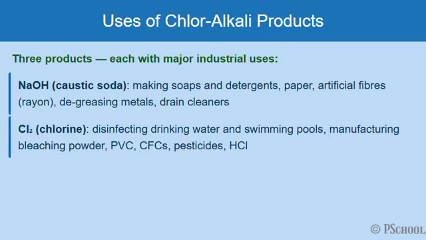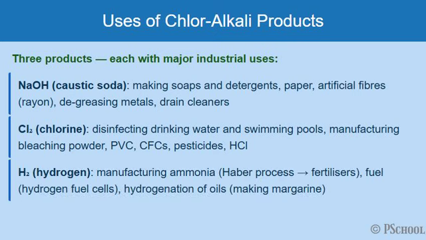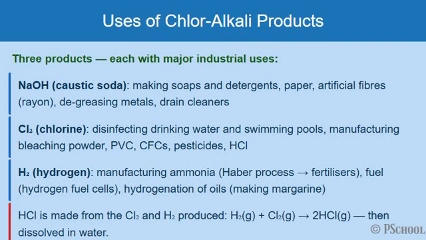Chlorine: disinfecting drinking water and swimming pools, manufacturing bleaching powder, PVC, CFCs, pesticides, and hydrochloric acid. Hydrogen: manufacturing ammonia through the Haber process for fertilizers, fuel cells, and hydrogenation of oils to make margarine. Hydrochloric acid is made from the chlorine and hydrogen produced. H2 plus Cl2 gives 2HCl.